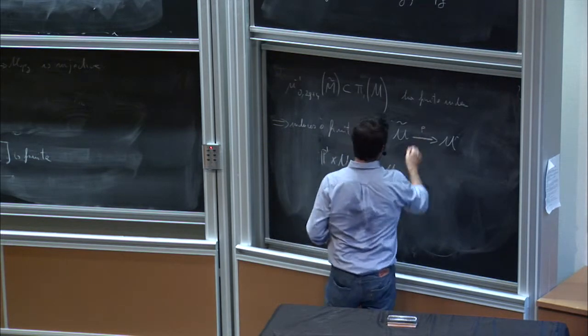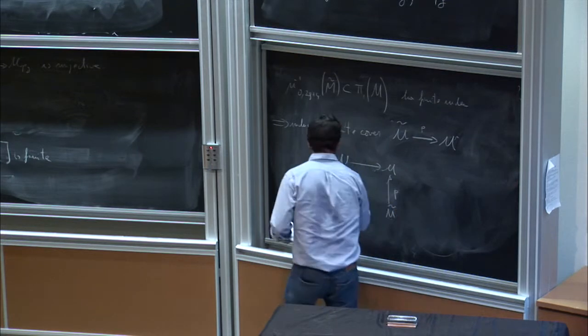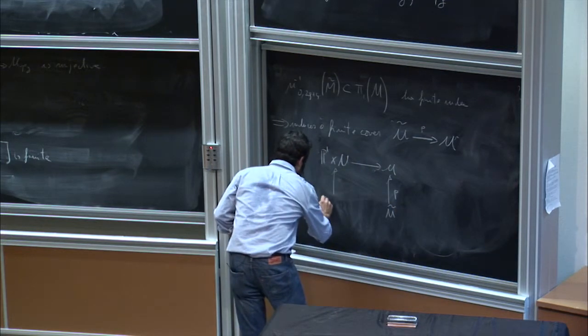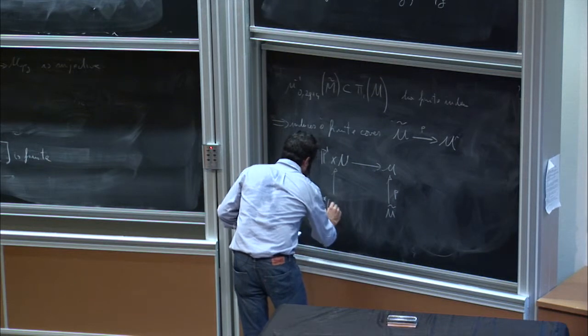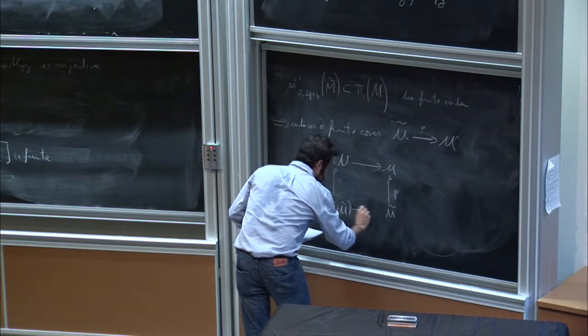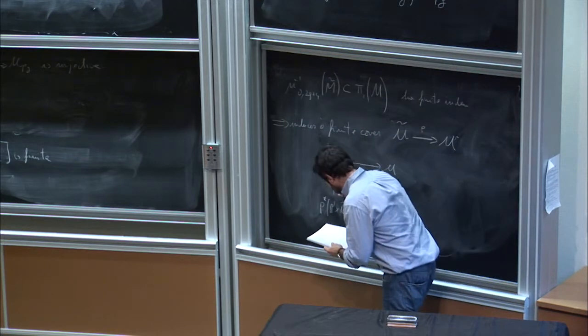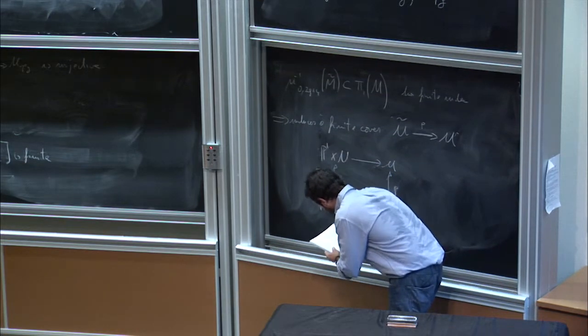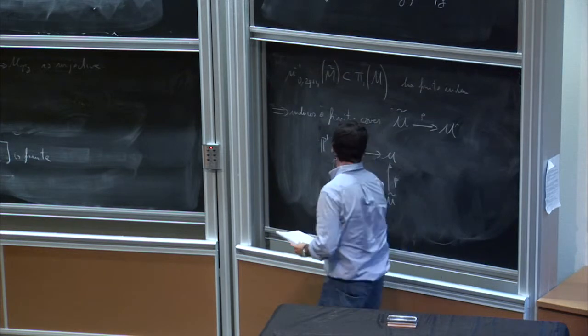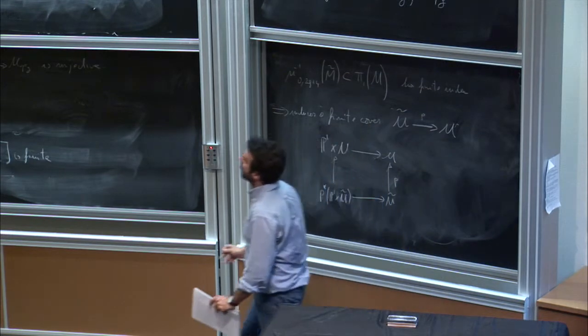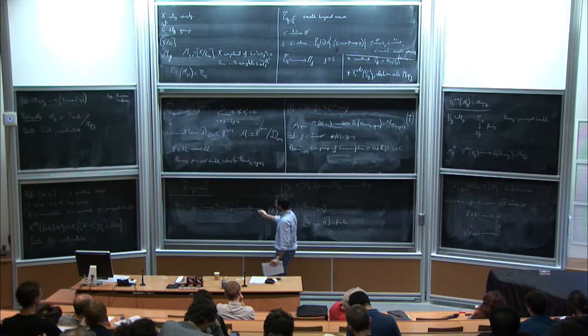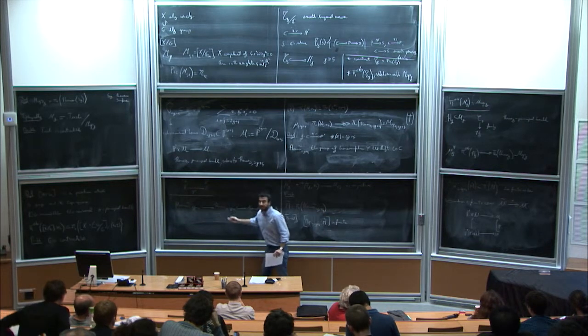Say P is the finite cover. You can pull this back and obtain a projective bundle over U tilde, where we can reduce further the structure group by this inclusion.